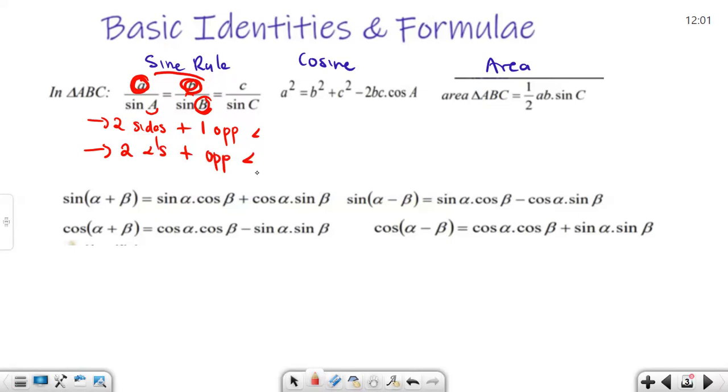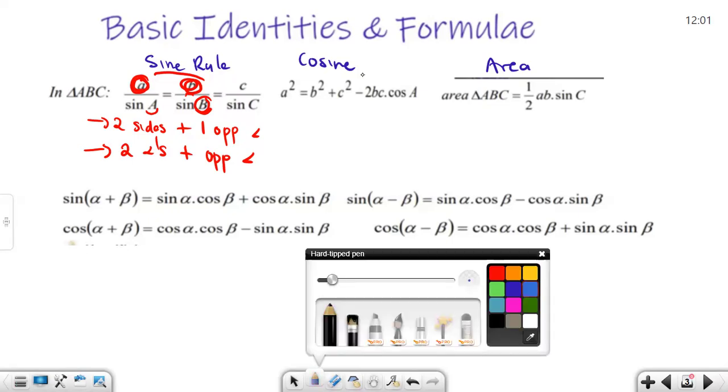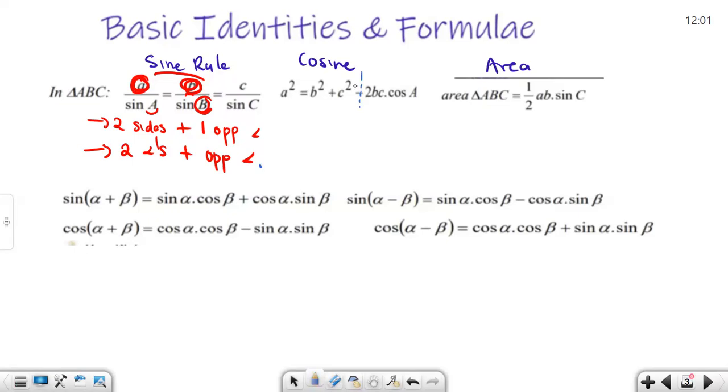Number two, the cosine rule. I like to break it here. These are small letters, and small letters represent the sides. I can use the cosine rule when I have three sides. Number two, I can use it when I have two sides plus an included angle.